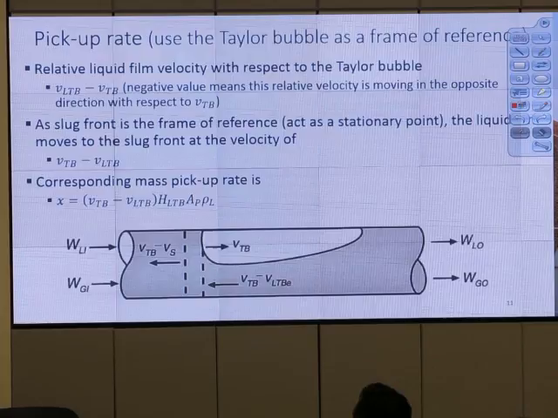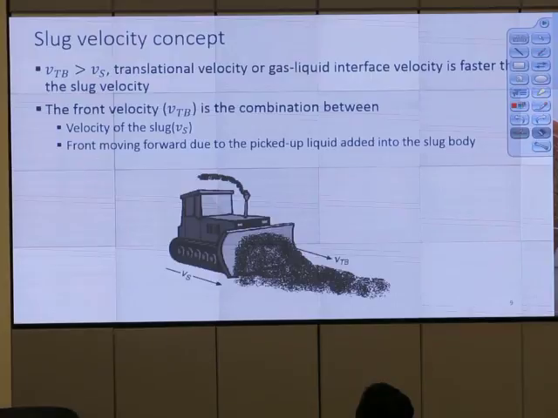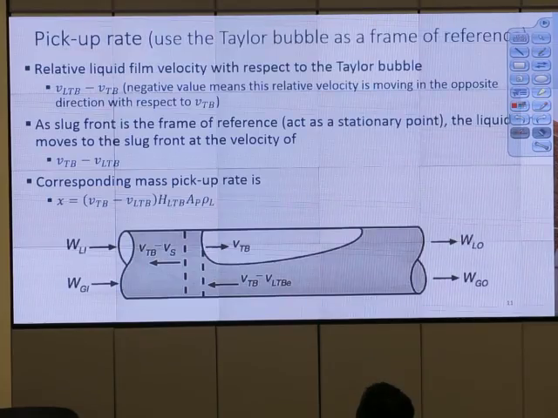Professor, can you talk about volumetric flow rate that you say is the same everywhere? For gas? So that is in a stationary frame of reference, not a moving frame of reference. This is a moving frame of reference, so it's something else. For a stationary frame of reference, what do you mean by consistent?